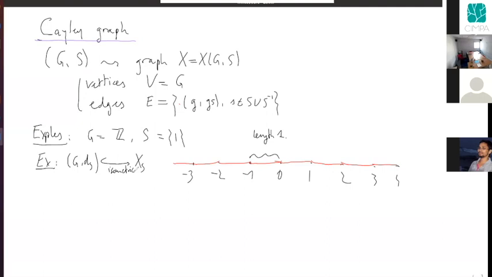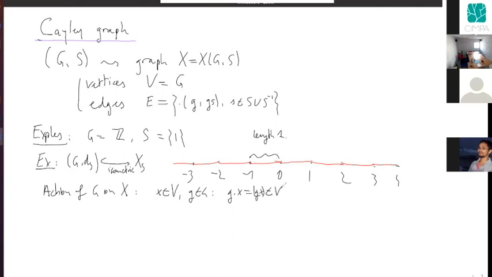And what is interesting also, because I multiplied on the right, is that I also have an action of G on the Cayley graph X. So for the set of vertices, if I have a vertex x, and I see g as an element of my group, then the action of g on x is just left multiplication.